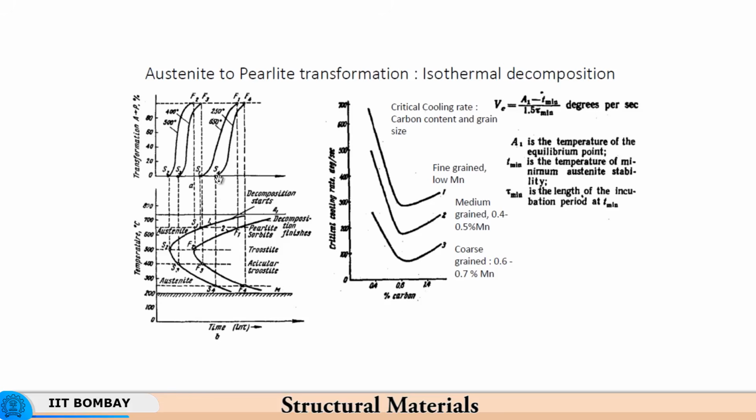Then you get transformation starting a little late, okay, and then the transformation also completes a little late somewhere there. And so that is the difference it makes when it comes to the different regions in which transformation takes place. So, here the transformation will take much longer, here the transformation will happen in a much shorter period of time.